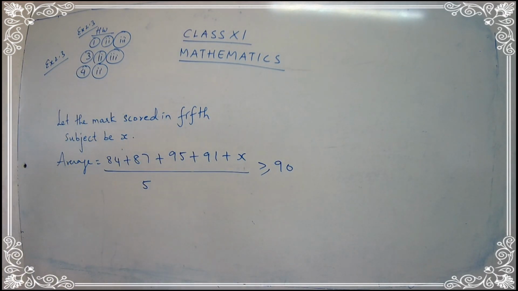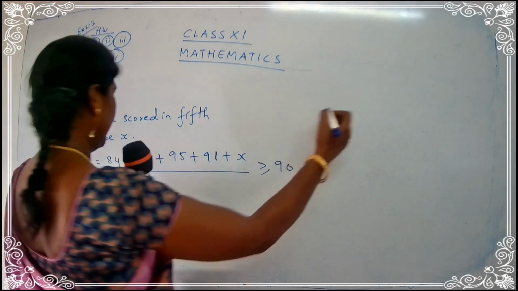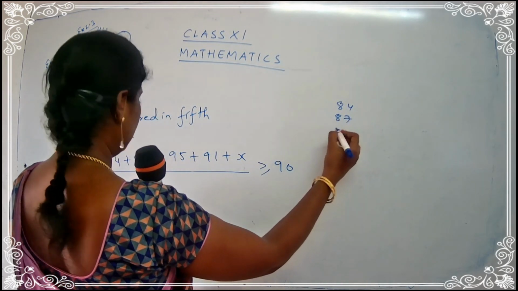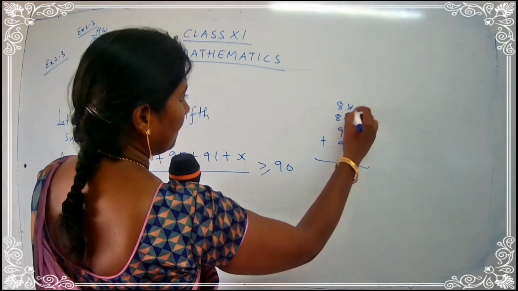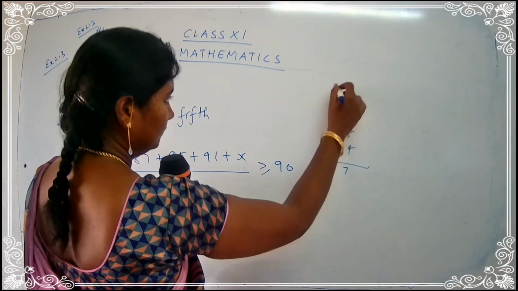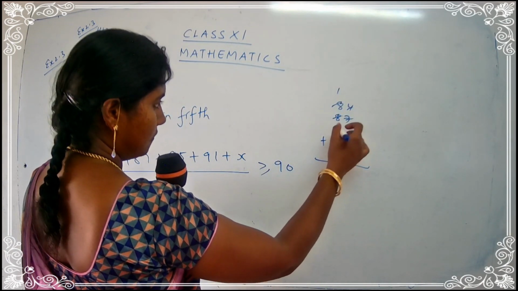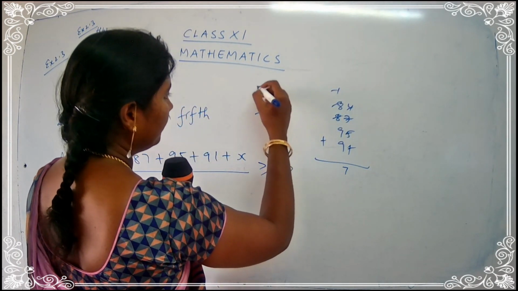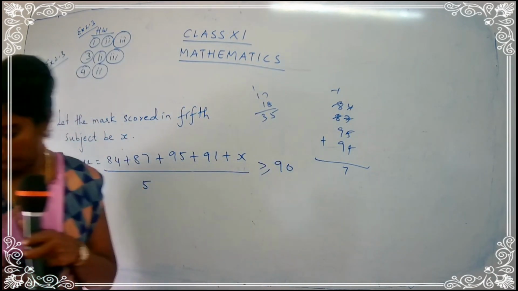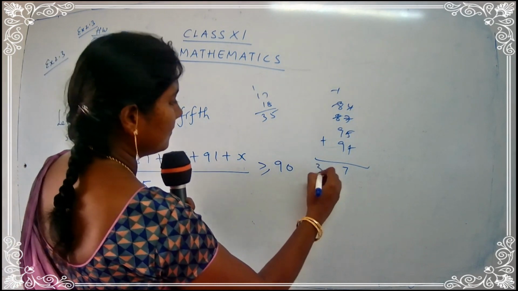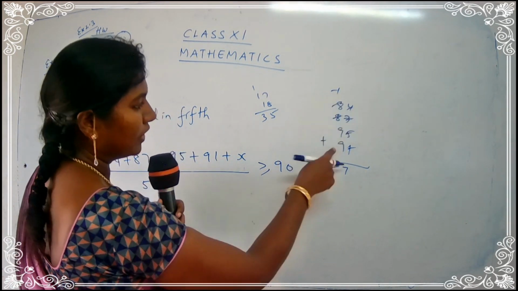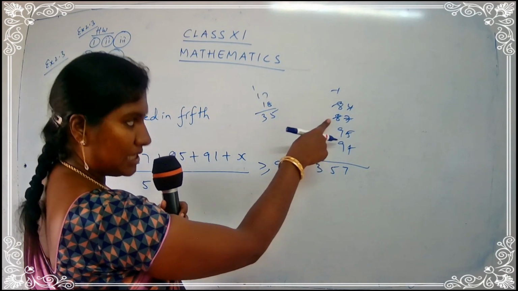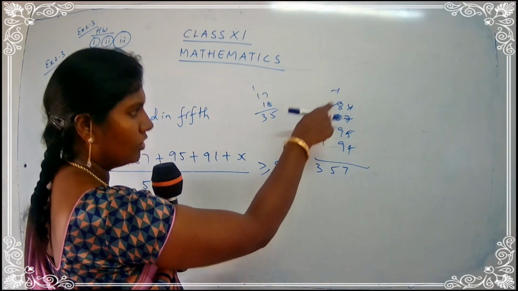Let's add the values, children. Add all the numbers. What do you get here? 84, 87, 95, 91. 9, 9, 18, 18 plus 8, 26, 26 plus 8, 34, 34 plus 1, 35.